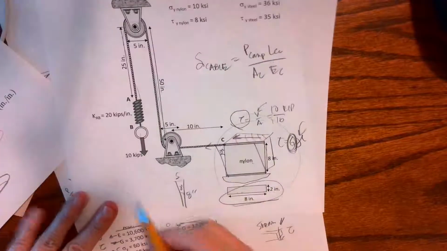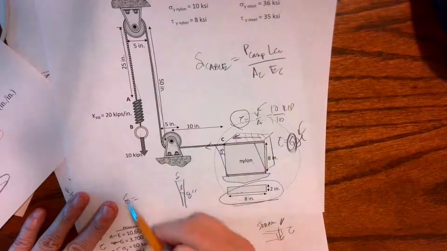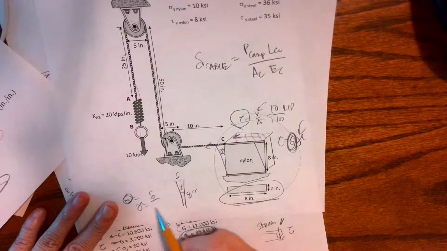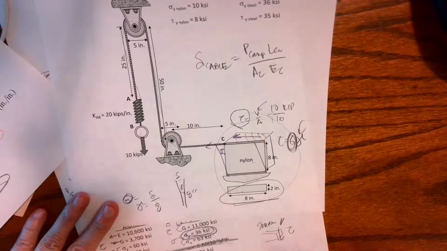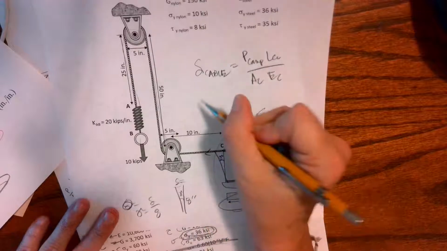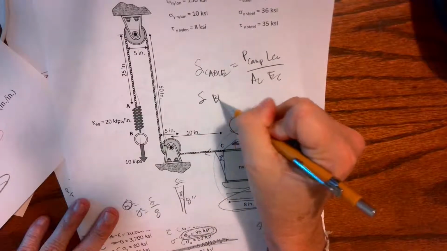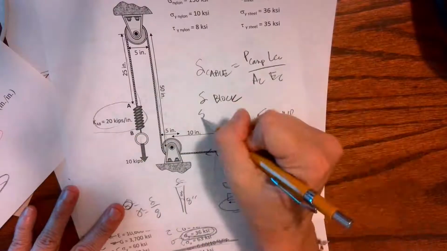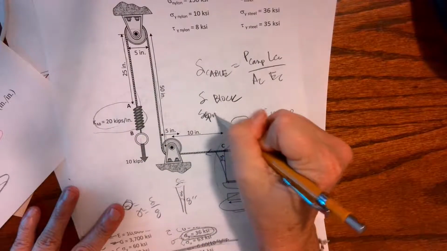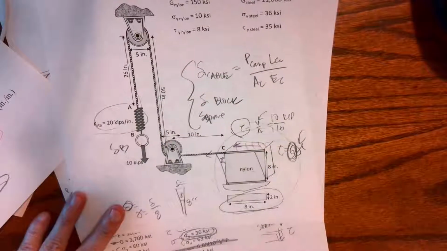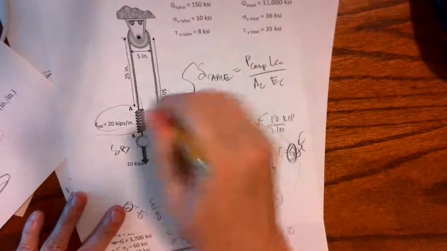Well, with small strains, gamma equals delta over that 8. So I can just take the value of gamma I got, multiply it by 8, and I now have delta. So I have delta of my block. And I have a spring, I can get delta of my spring. If I add all those up, that's going to be my delta B. Okay, it's just a piece, a piece, and a piece.